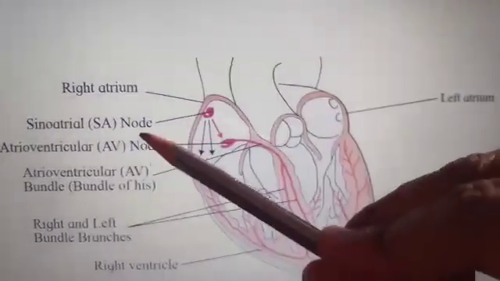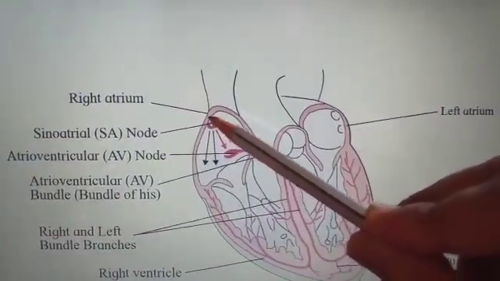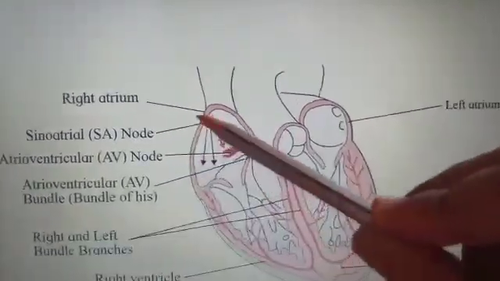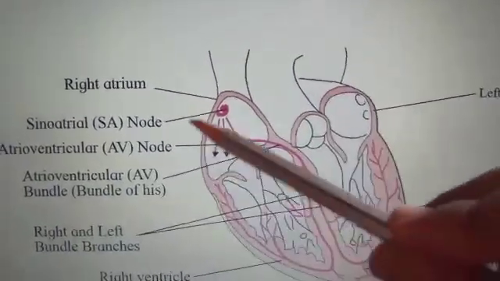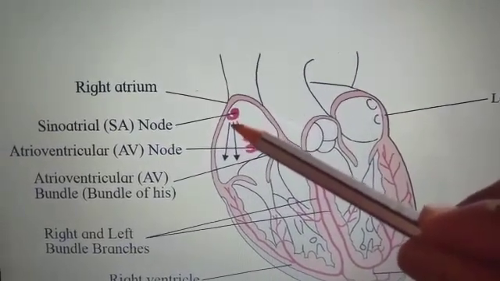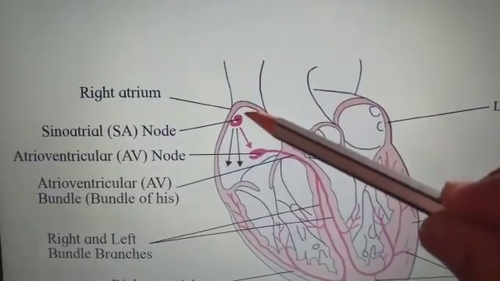Out of that, first is the SA node. SA node is also called the sino-auricular node. It is present in the right auricle, at the opening of the superior vena cava, just below the opening of the superior vena cava.